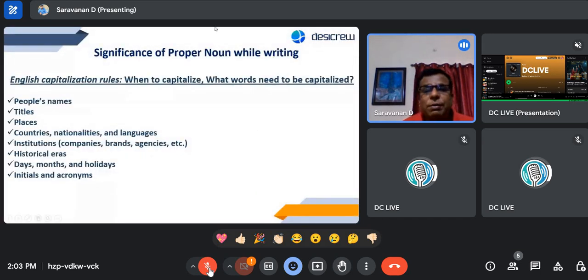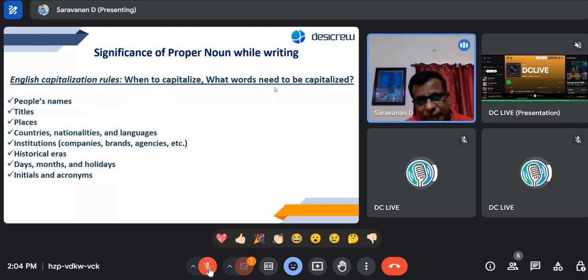We also talked about the significance of proper noun while writing. Okay, so people's names, no matter, again, today you might see a question on this as well in the DC quiz, no matter how many parts the name has, like I said, VS Lakshman.